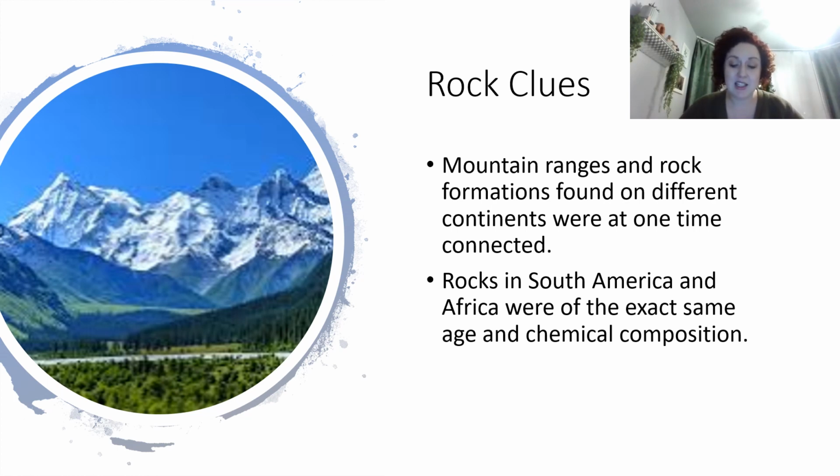And this is essentially what we've done, because we can see the Andes Mountains are relatively the same age as, I can never remember the actual name of the mountain range in Africa, but relatively the same age. Just like we can look at the Rockies and determine that the Rockies are much, much younger than the Appalachians.